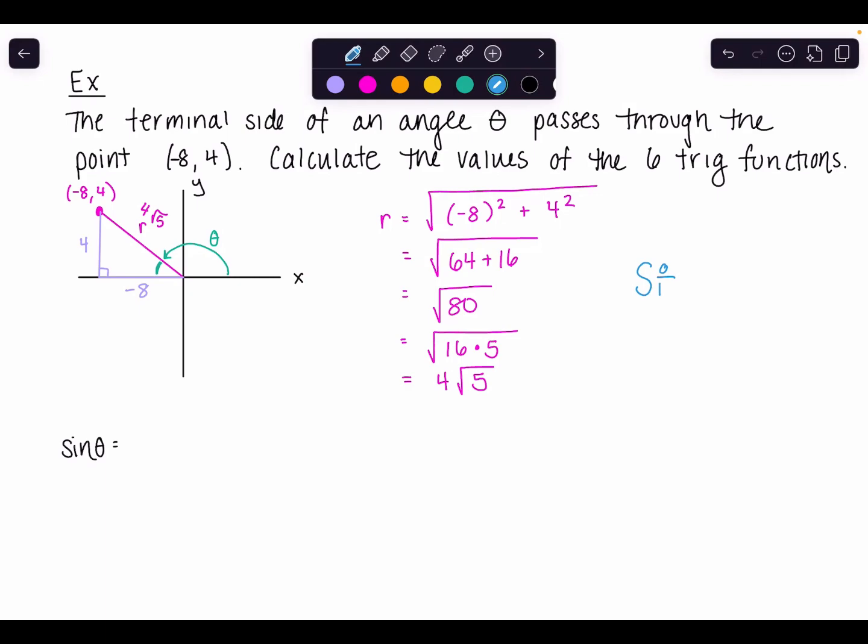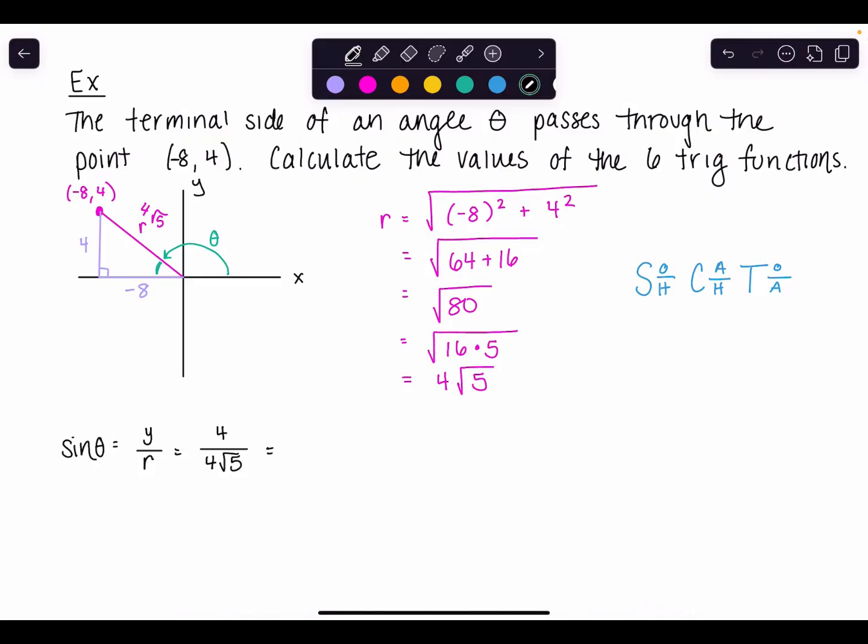remember our phrase, I'll write it over here so we have it. It's SOH CAH TOA. Sine is opposite over hypotenuse. So opposite would be 4, hypotenuse is 4√5. So it's the y value over r. So 4 over 4 root 5. So we want to go ahead and simplify this.